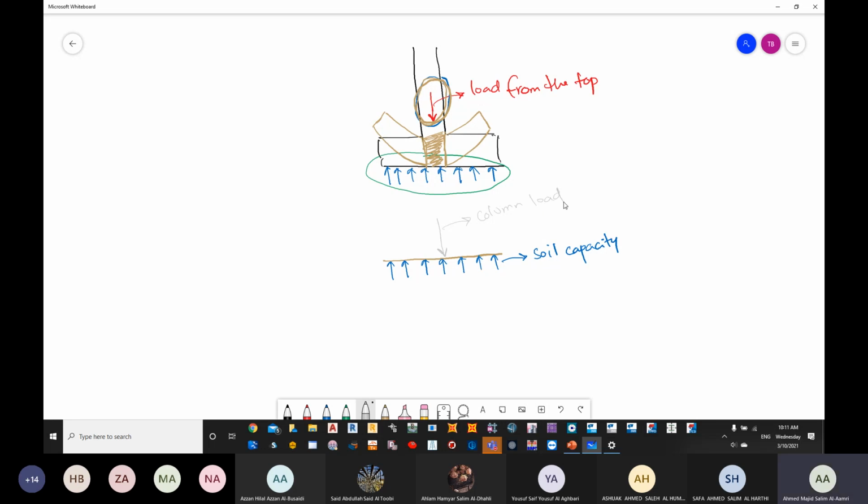Now, if we want to try to draw the bending moment, it's easier for me to shift this system to a system that I understand, which is going to be this one.